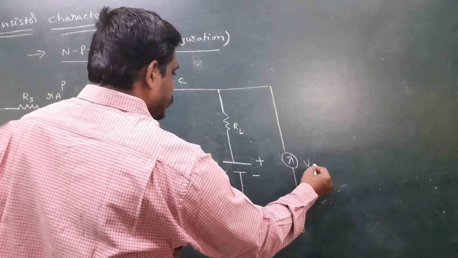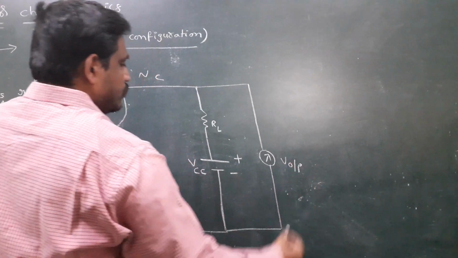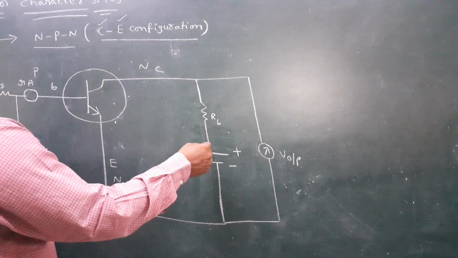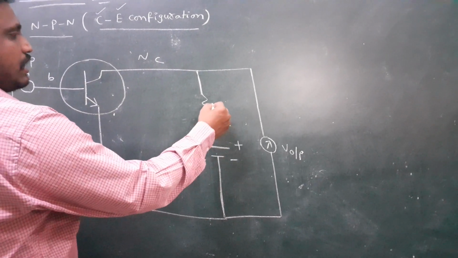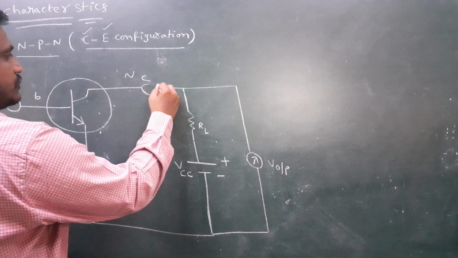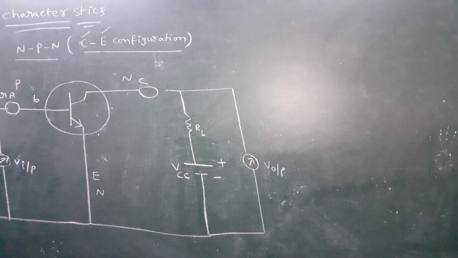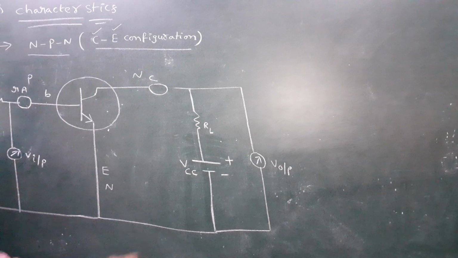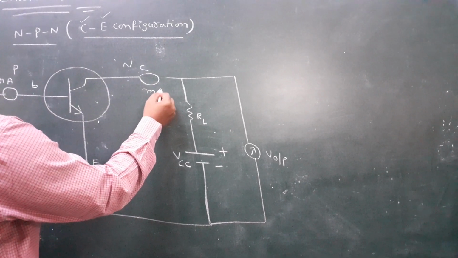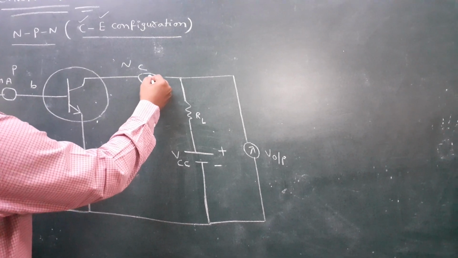This is called V output. And again this is VCC, RL, and this current measuring is at the collector. The collector is moderately doped, so the charge carriers are okay. So that's why this ammeter is a milliammeter.